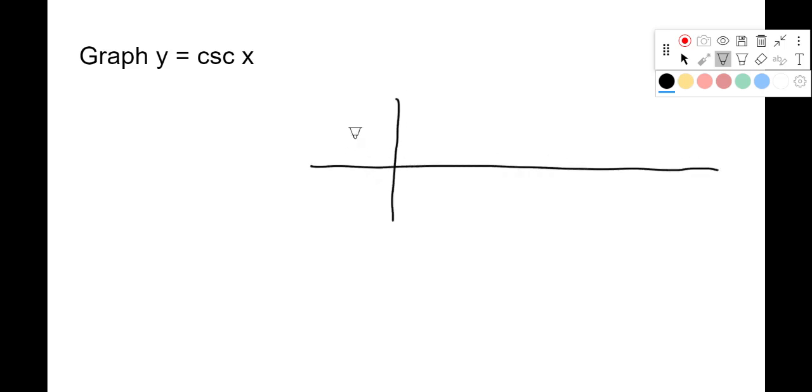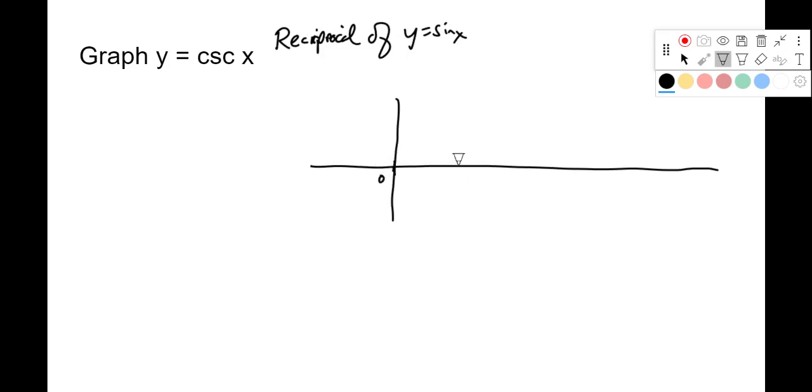All right, so what I'm going to do is cosecant is the reciprocal of y equals sine x. So what I'm actually going to do is I'm actually going to graph y equals sine x.